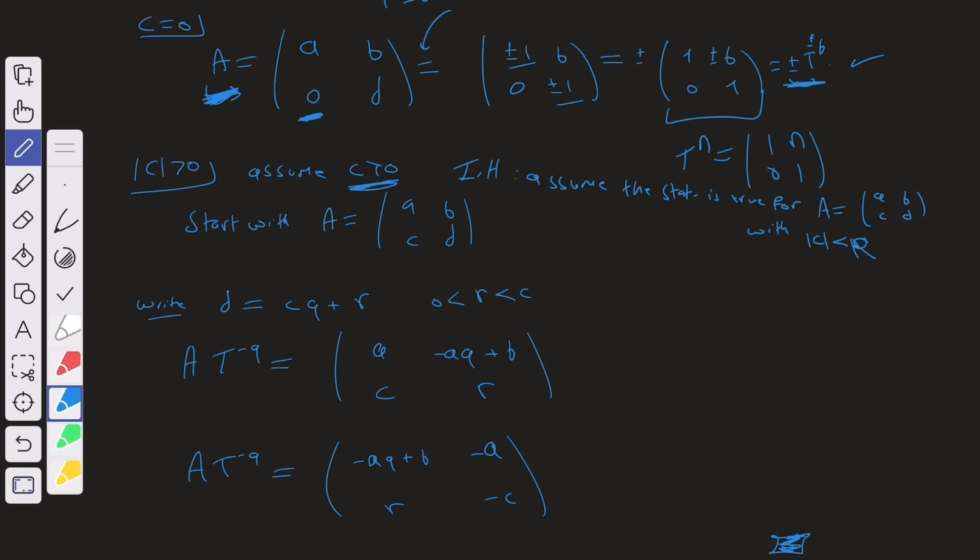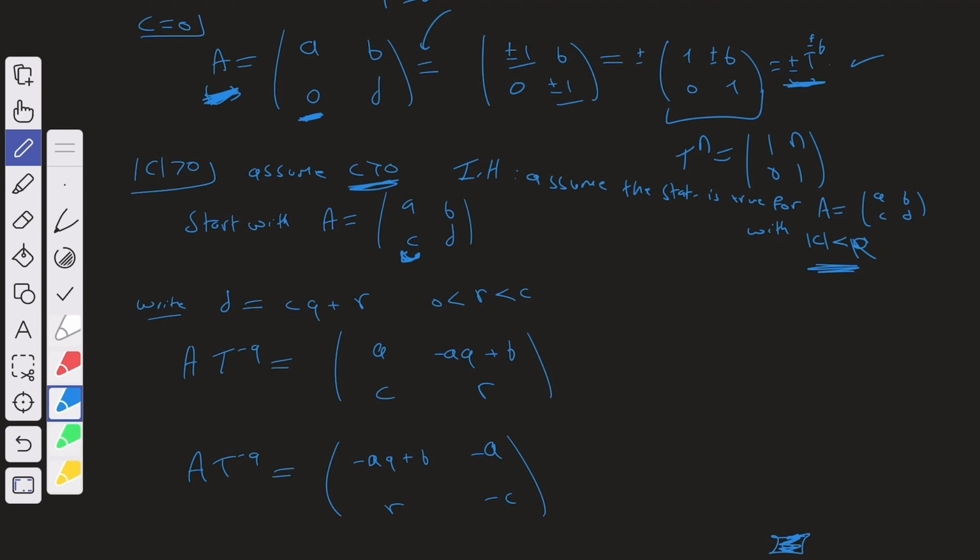So to do that, we will need to notice something about T. As you see, we have this C now, right? And if we could make this C smaller, we can apply the induction hypothesis, and we get the result that we want.